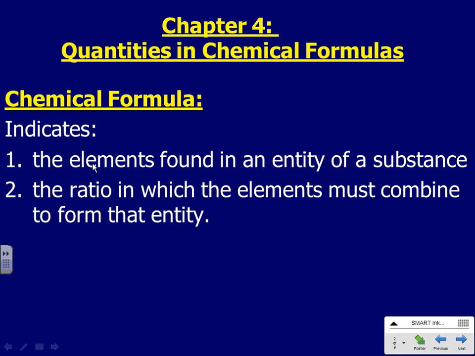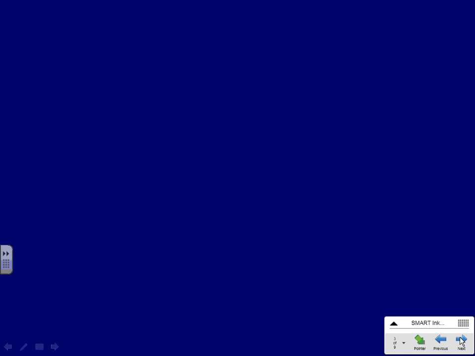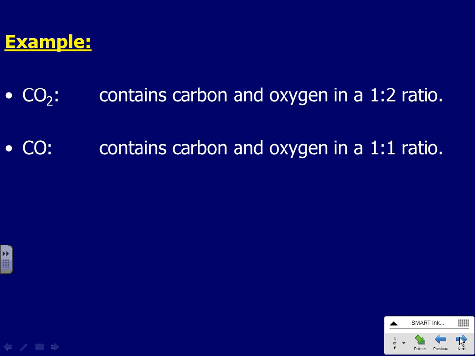So a couple of examples. Number one, what does the formula indicate? The elements found in the entity of the substance, the ratio in which the elements must combine to form that entity. I'm going to define entity here in a moment. For now, let's just do a little example here.